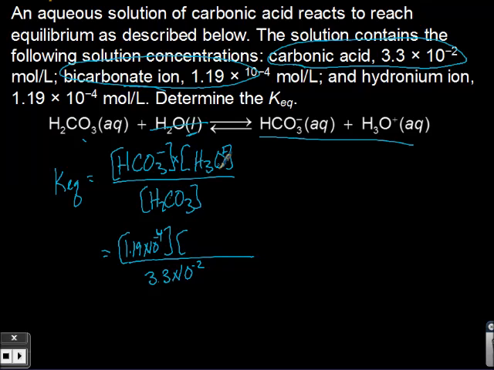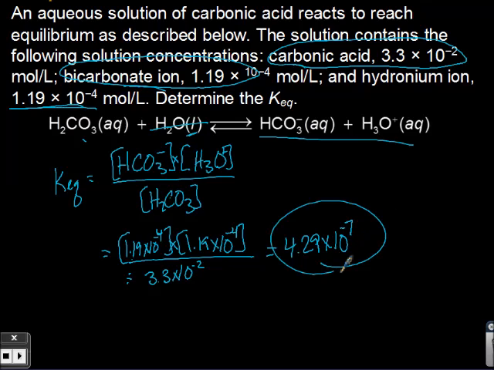And my H3O concentration, hydronium ion, is this, 1.19 times 10 to the negative fourth. So when I take 1.19 times that, divided by this, 3.3, I'm going to equal 4.29 times 10 to the negative 7. This would be KEQ for the following reaction at the given or determined temperature that it is.